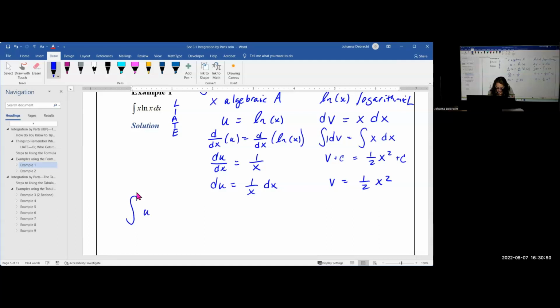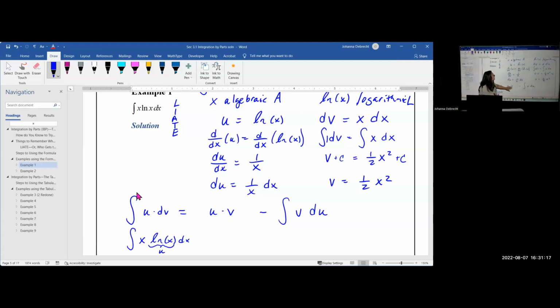We have the integral of u dv equal to uv minus the integral of v du. So what I had here essentially was the integral of x natural log of x dx, where this part was u, and the x dx was the dv.